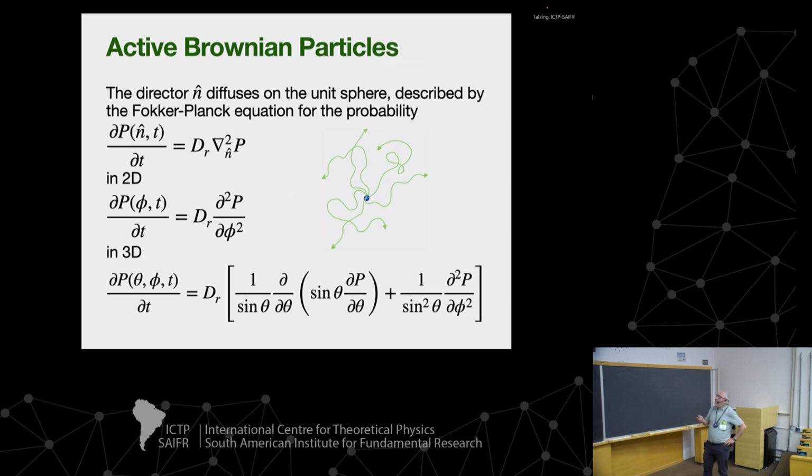Numerically, what we're going to do is simulate many realizations. So we follow a trajectory, then we follow another trajectory, and we average over all possible trajectories.